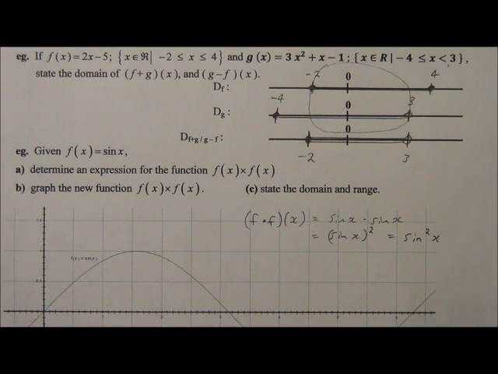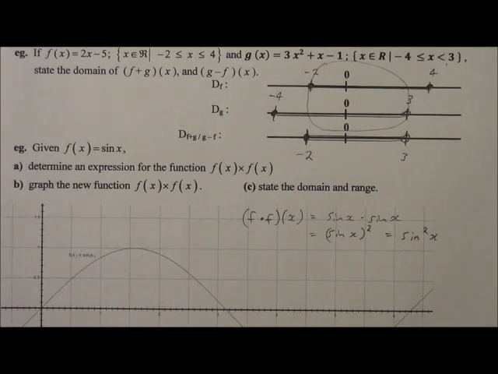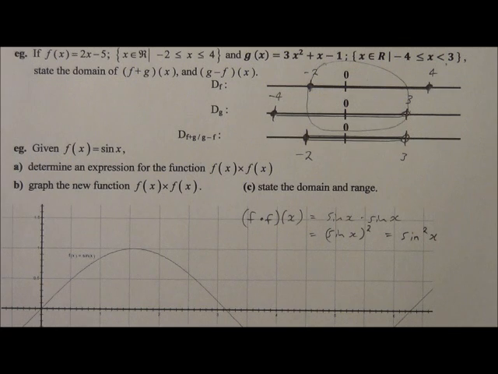We want to graph the new function f of x times f of x. Well, in order to do that, we need to take all the y coordinates of f of x and multiply them together.